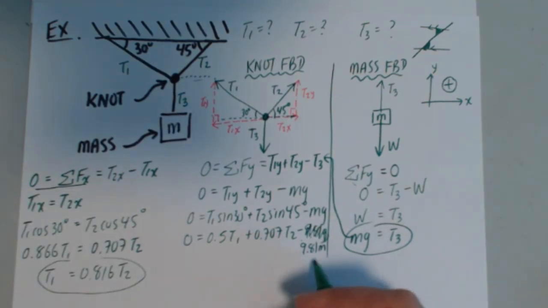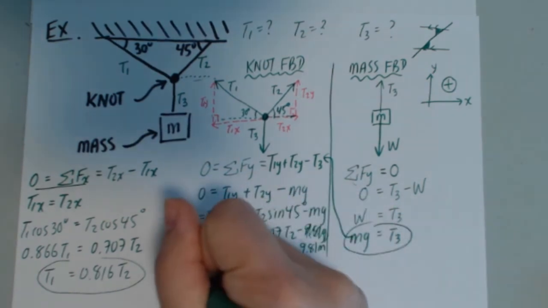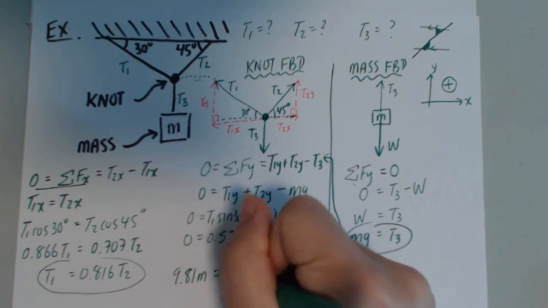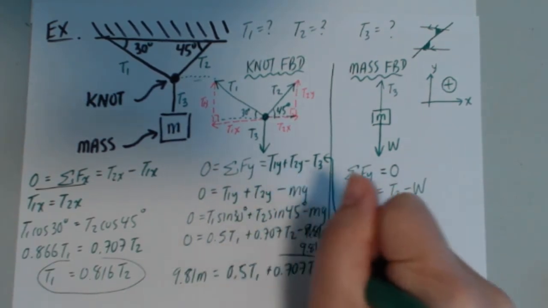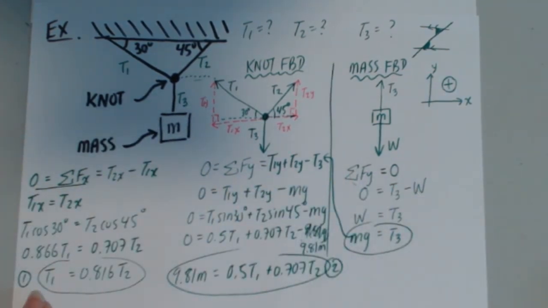So at this point, let's bring the minus 9.81 M to the left, so it becomes positive 9.81 M, and that's equal to 0.5 T1 plus 0.707 T2. Notice now, if I call this here equation 1 and I call this here equation 2, I can substitute equation 1 into equation 2, and so I have two equations, two unknowns.